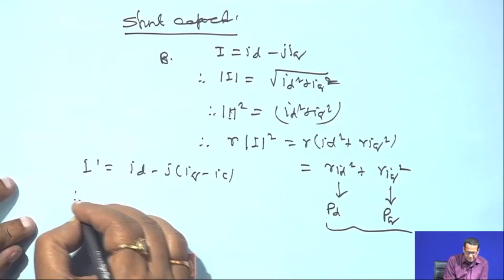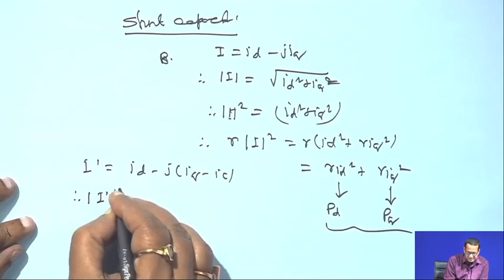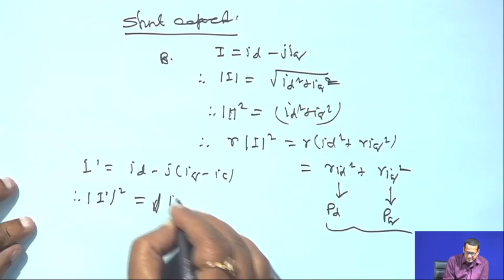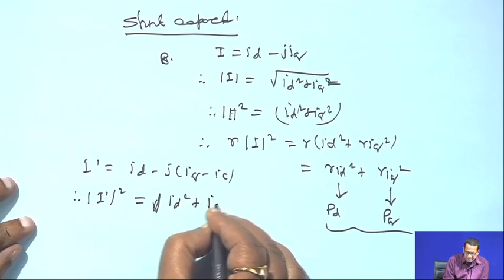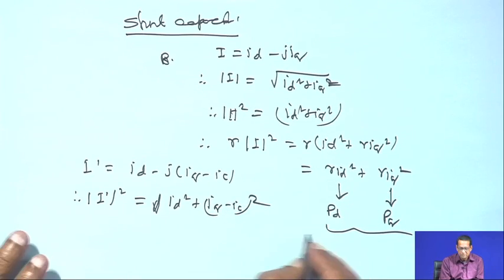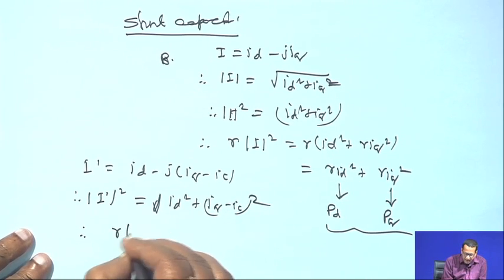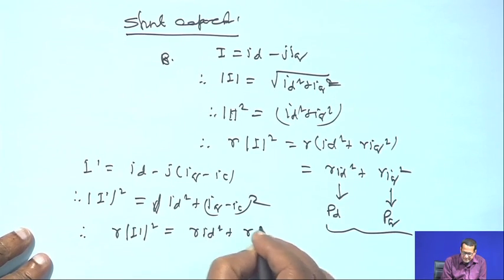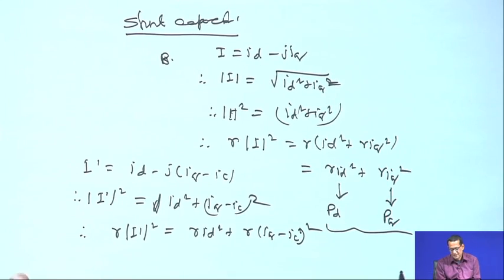Therefore, the magnitude square of this, I dash square, will be I d square plus I q minus I c whole square. So, its power loss will be R I dash square, equal to R I d square plus R times I q minus I c whole square.